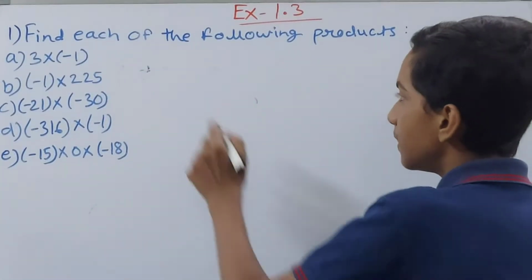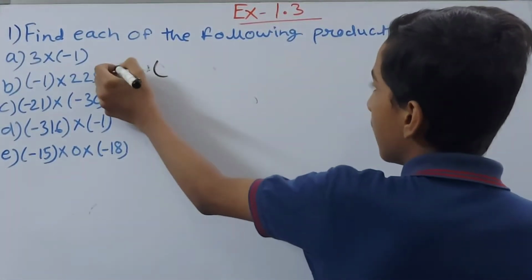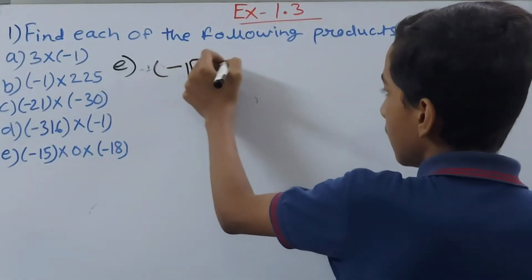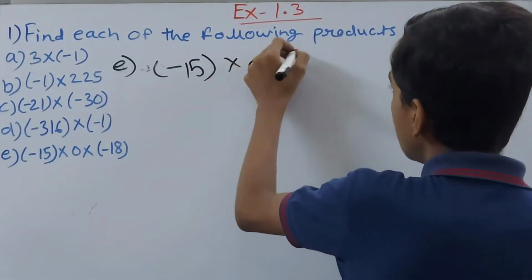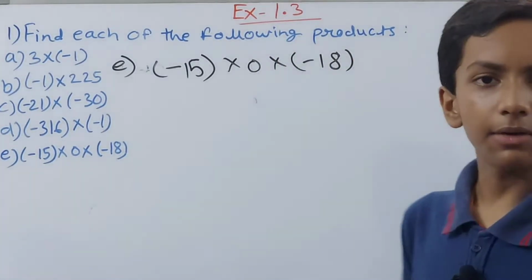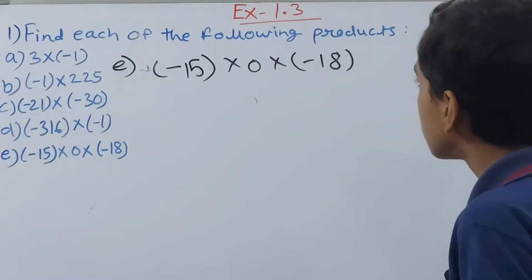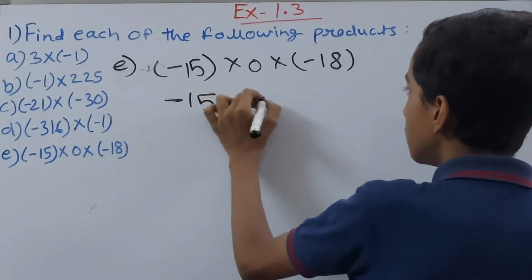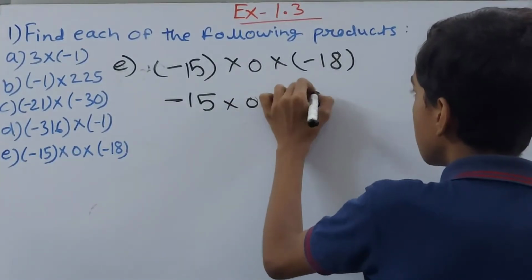Now next we have the E part. This is in brackets minus 15 into 0 into minus 18. Alright, this is what we have. Now you can see in this also, if I open the brackets, we have minus 15 into 0 into minus 18.